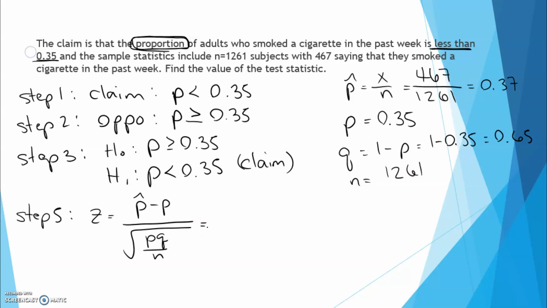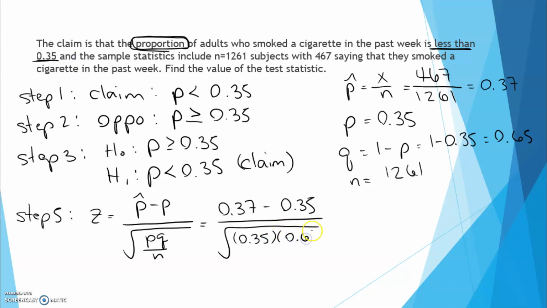Okay, so I'll come here and I plug everything in. So I've got 0.37 minus 0.35 divided by the square root of 0.35 times 0.65 divided by 1,261.